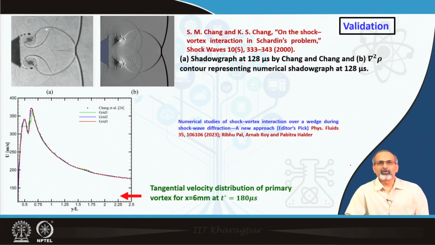And before we go ahead simulating it all and be very confident that we are doing it fairly accurately, you always need to answer the question of whether the solver has been well validated or not.